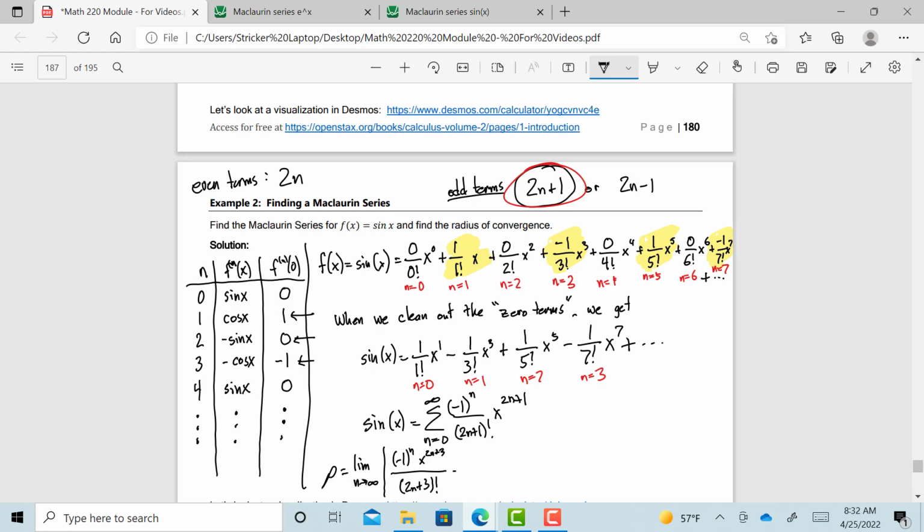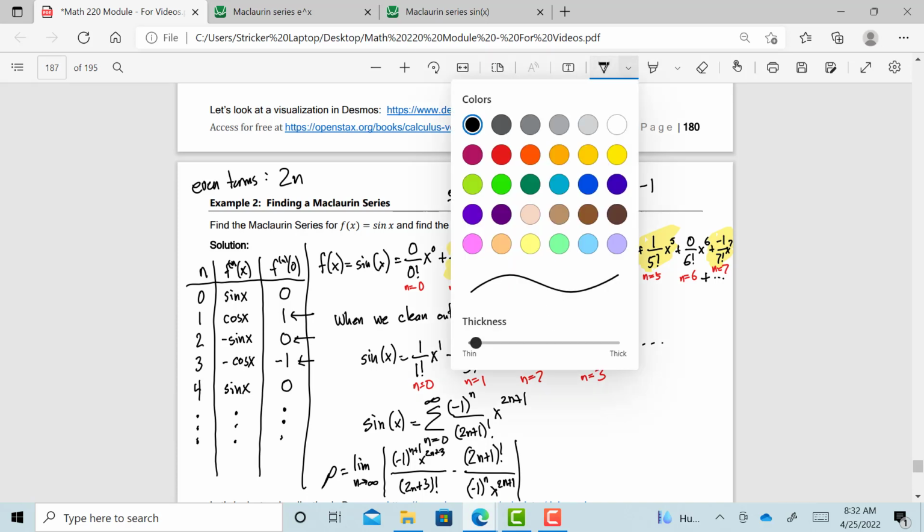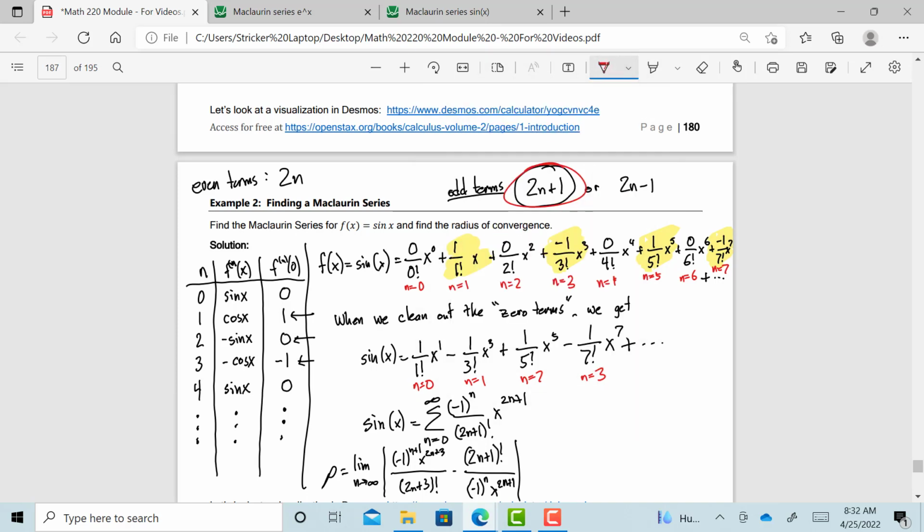And then times 2n plus 1 factorial over negative 1 to the n times x to the 2n plus 1. Now, because it's an absolute value, we don't really care about the negative ones. Absolute value is going to make that all positive, so we can just ignore that.